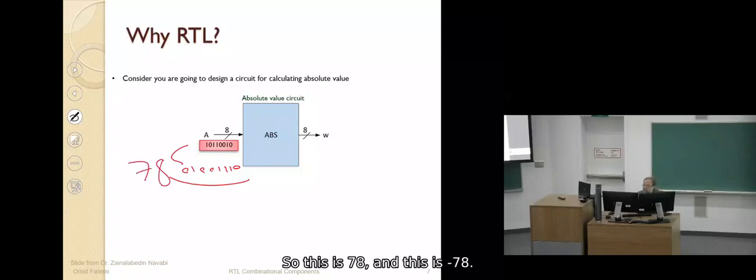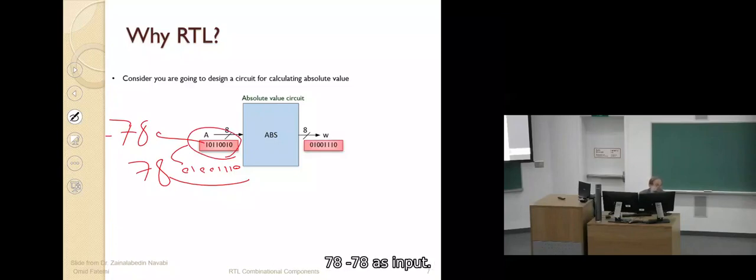So this is 78, and this is minus 78. I want a design to accept this, and the output should be 78. Minus 78 as input, output plus 78. Okay? So how do we do that?